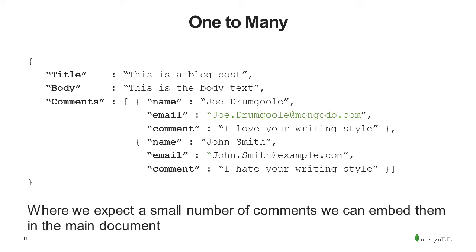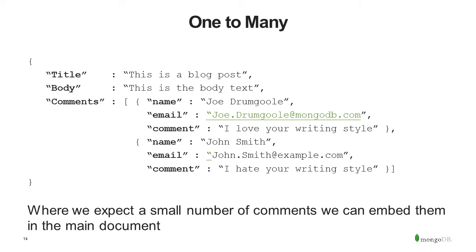Rather than the first leap of faith being normalizing your data, where in a relational database you'd often break stuff up into different tables, actually what we do in MongoDB is often, wherever we can, we try and bring objects together where they'll represent something like the real-world object. When I look at a blog post, I expect to see a title, a body, and some set of comments associated with it. Well, we want to model that in the same way.